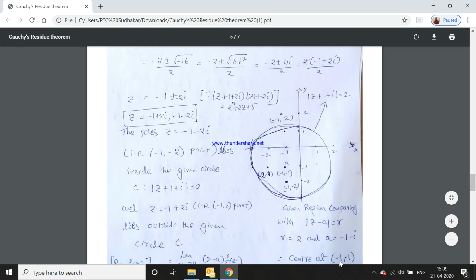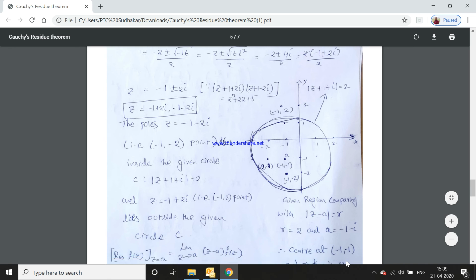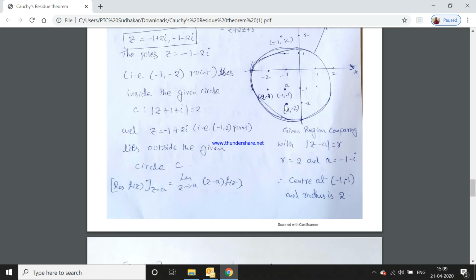So the center is at minus 1 comma minus 1, meaning x is equal to minus 1, y is equal to minus 1. So the center is at minus 1 comma minus 1 and the radius is 2. Now draw the circle with center minus 1 comma minus 1 and radius 2 units.